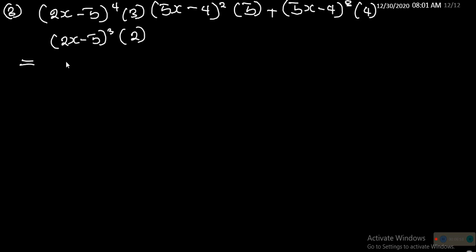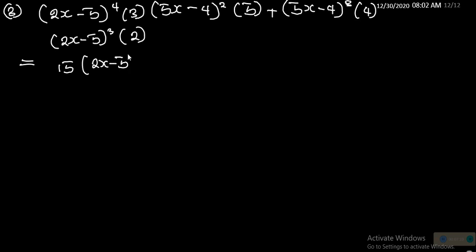So we can take out the common factor first. Okay, or let us multiply the numbers. 3 times 5 is 15.